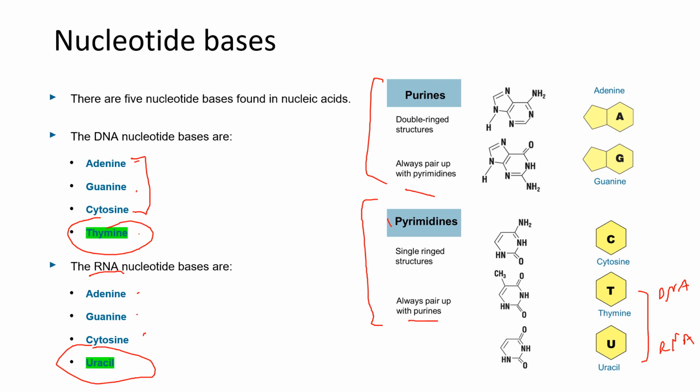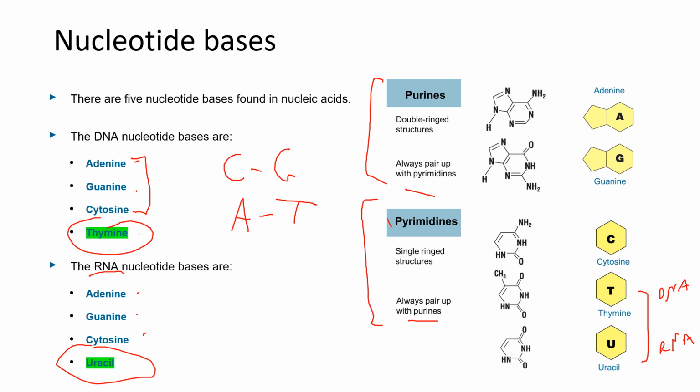These are the pairings that will always occur in DNA. Cytosine will always pair with guanine. There are no exceptions to that rule. Adenine will always pair with thymine. No exceptions to the rule.